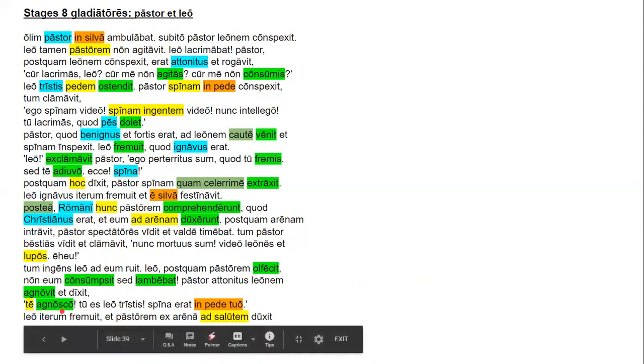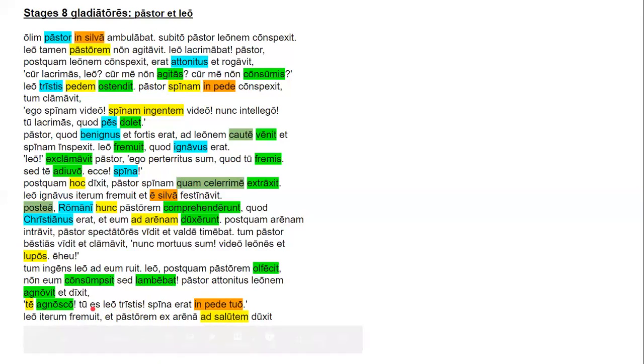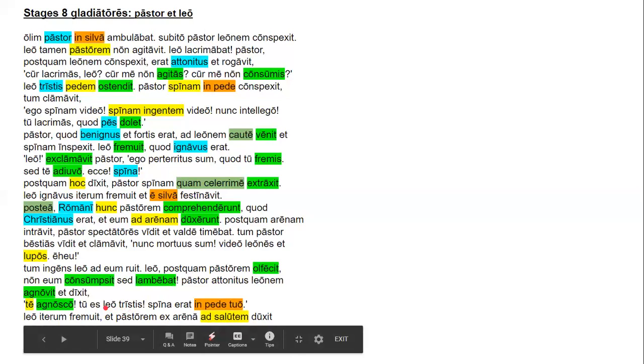So I recognize you. Tu, nominative form of te, right? So you, and then es, this is the second person singular form of sum, are, so you are, leo tristis, and these are both nominatives, nominative noun, nominative adjective. So remember that they're two nominatives because es is that copulative verb, so you are the sad lion.